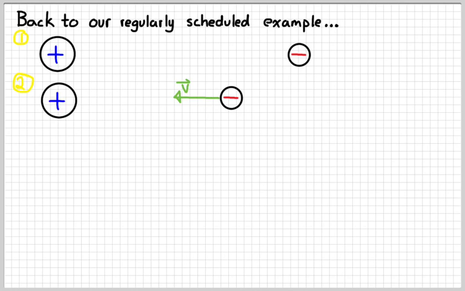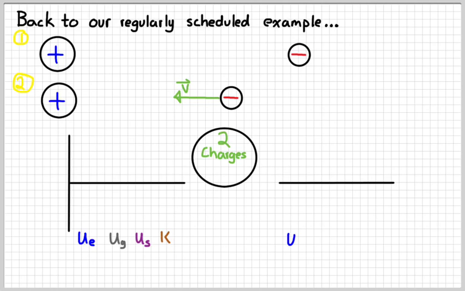So back to our regularly scheduled example. Here's the system, before and after. Let's draw an LOL chart, but this time let's include negative for our energies. Initially, the energy of my system is 0. It's infinitely far away and it's not moving.